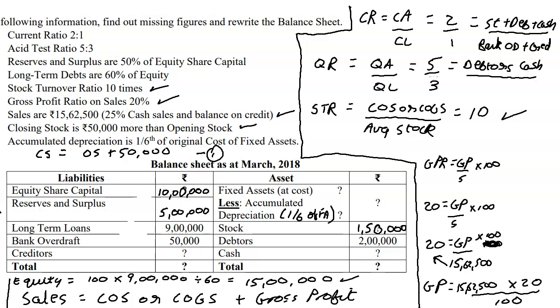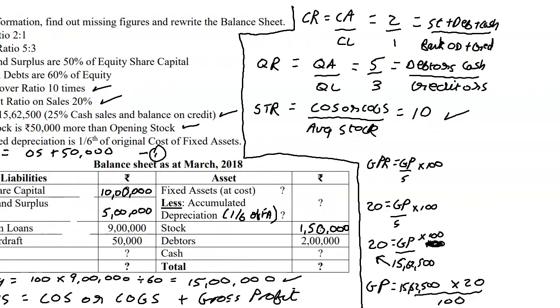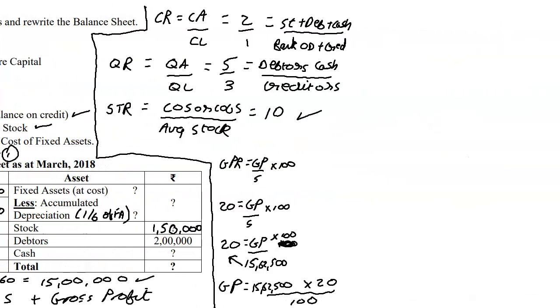And in the quick liabilities, the only thing we have is creditors. Maybe using these two equations, somehow we can solve and calculate these values. Okay, so what numbers we have, I'm going to substitute. Bank overdraft is 50,000. Creditors we do not know.